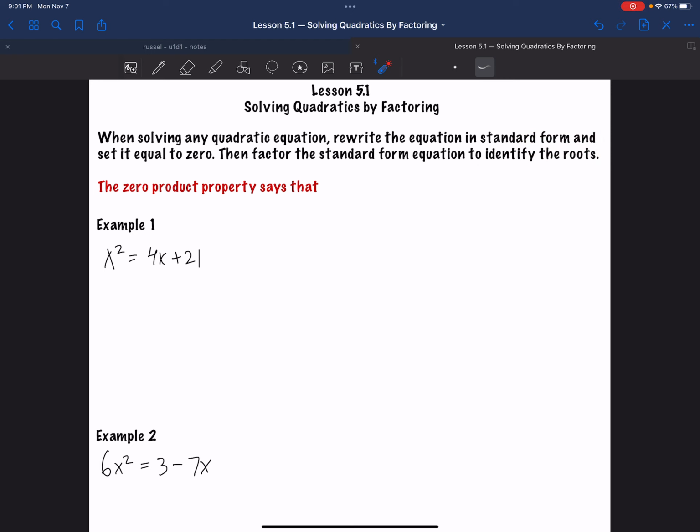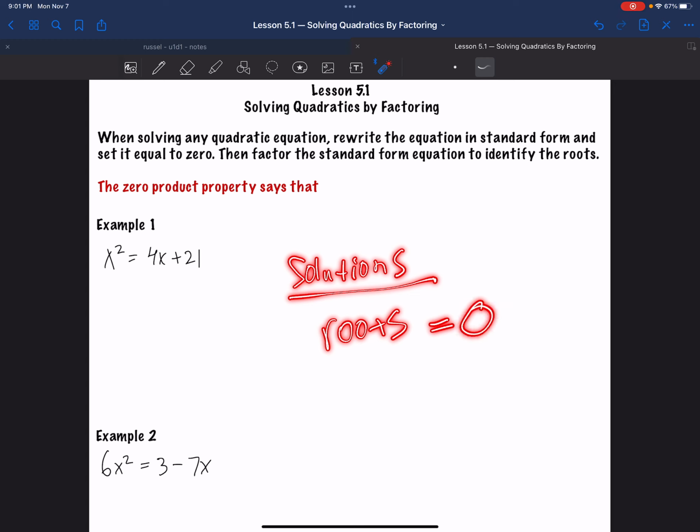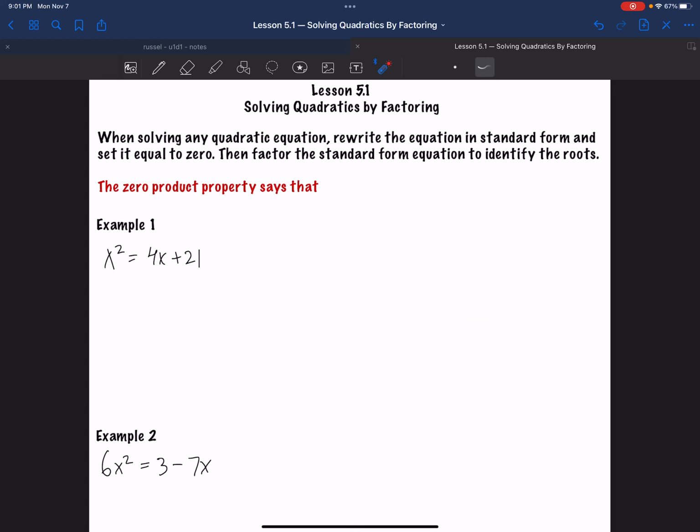Because remember, what do we mean by the word solutions? Solutions means roots. It means what makes y equal to 0. It also means zeros, right? Roots, solutions, zeros. And sometimes we can think of these as x-intercepts, although they're not always x-intercepts, okay?